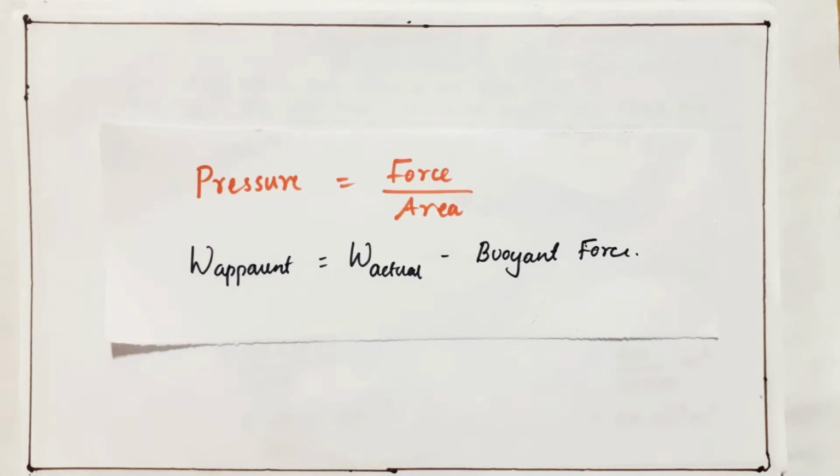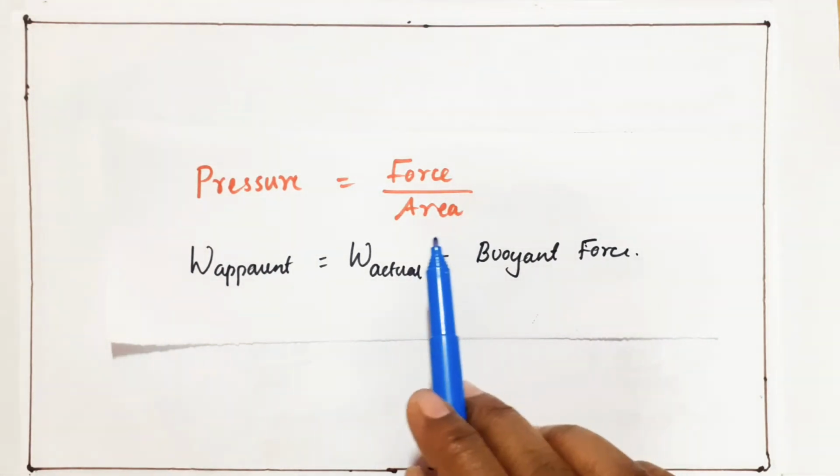We are discussing a few questions from force and pressure. Before going to the numericals, I am just revising the equation for pressure. Pressure is nothing but force divided by area.